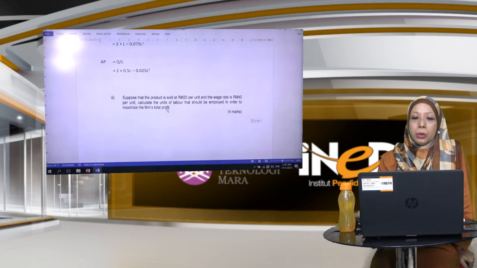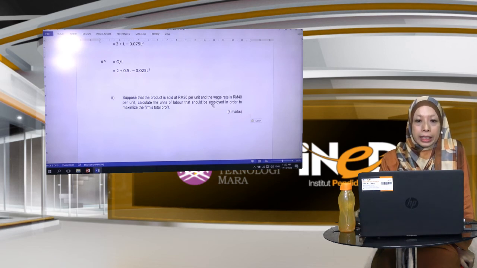Now you are asked to calculate the units of labor that should be employed in order to maximize the firm's total profit. In other words, you are asked to calculate the optimal number of labor.